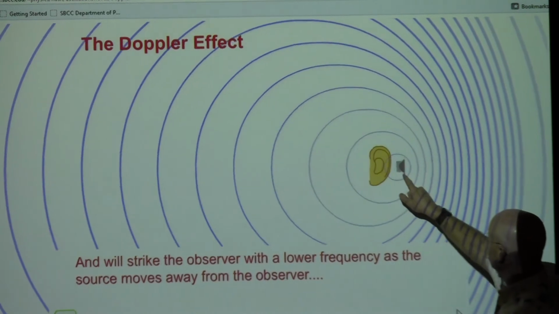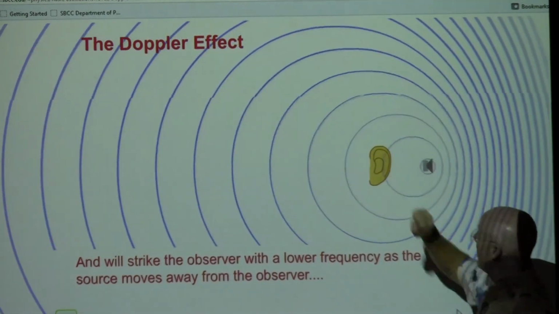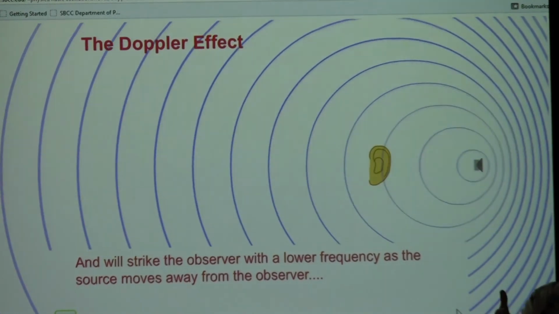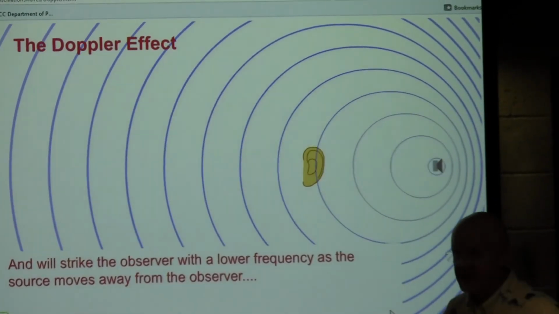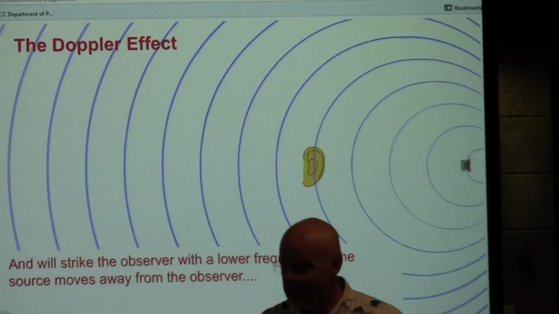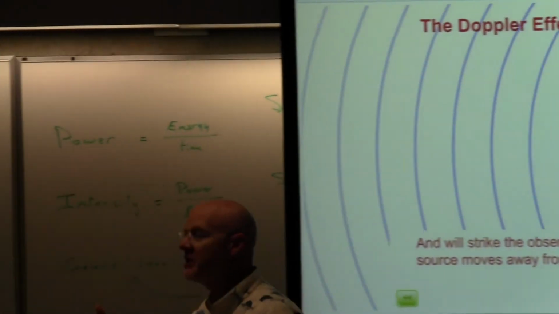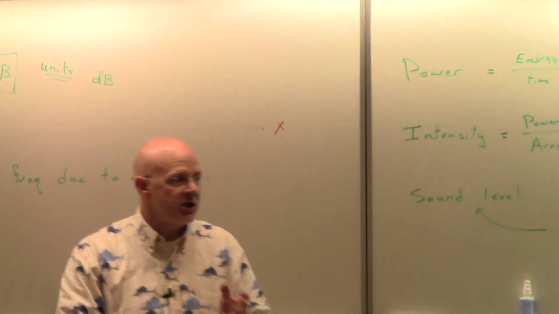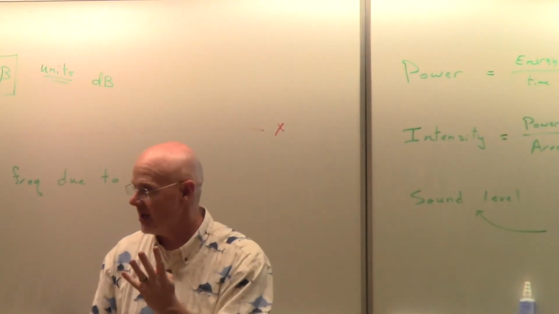And look what happens when the source is moving away from the ear. What do you get on this side? A larger wavelength, or a lower frequency. So again, the observed frequency is different because of the motion. And so we have to pay close attention to all four combinations. Did you catch that?